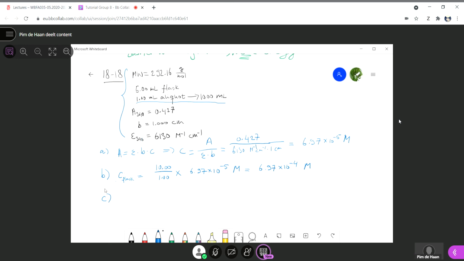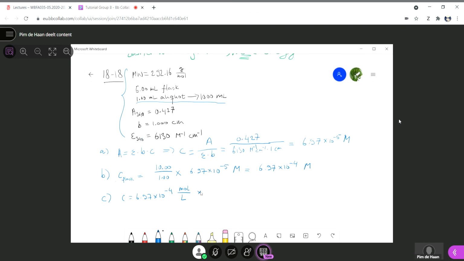Okay, C. How many milligrams of compound were in the original 5 ml? So we know we have C equals 6.97 times 10 to the minus 4 mole per liter, that's the same as molar, times how much do we have in the beginning?